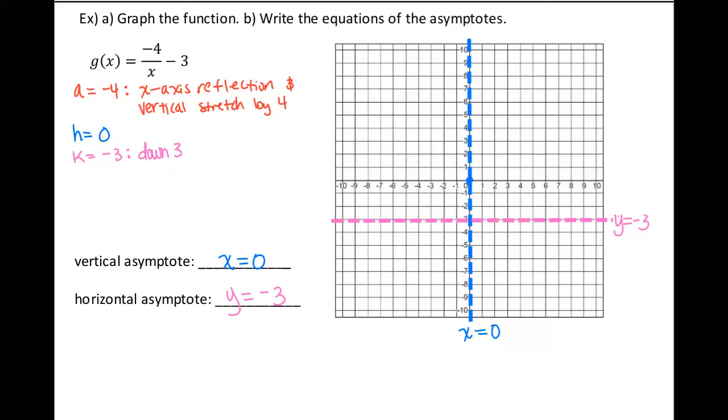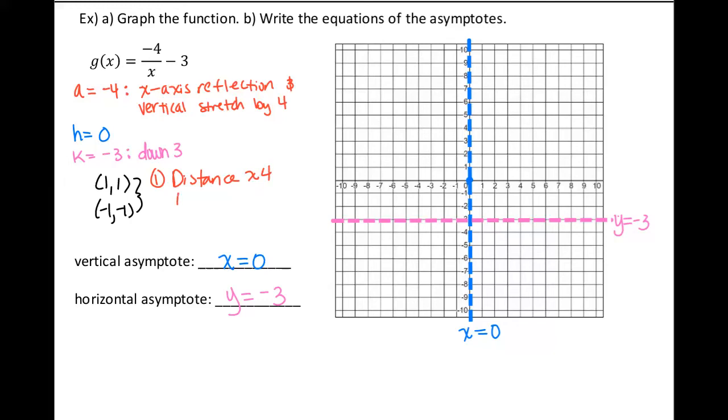All right, so for my coordinate points again, I got (1, 1) and (-1, -1). So what do I do to those two coordinate points? Remember, you always want to do the A first. Do the part A first. So our A value first tells you to take your distance and multiply it by 4.